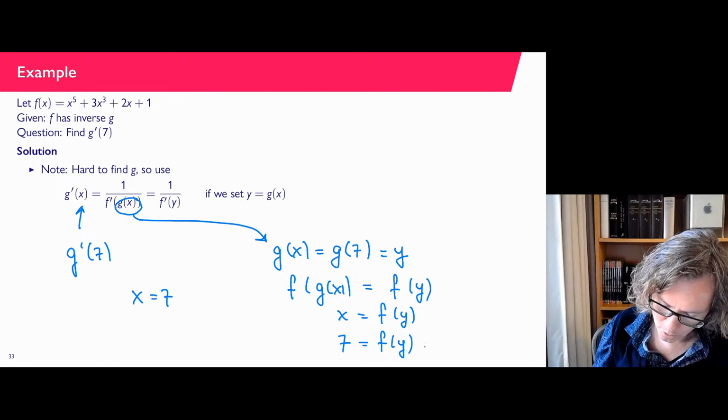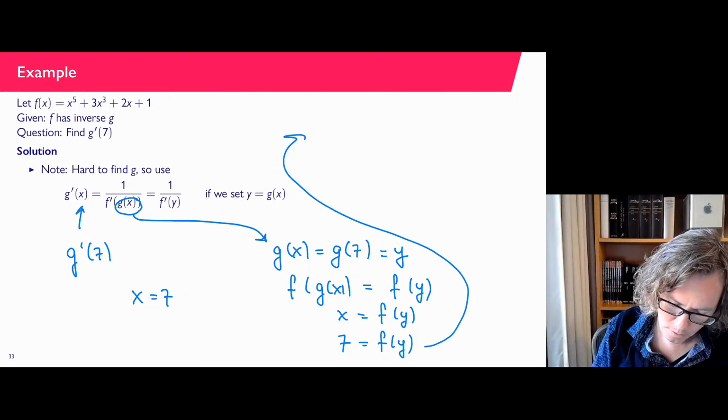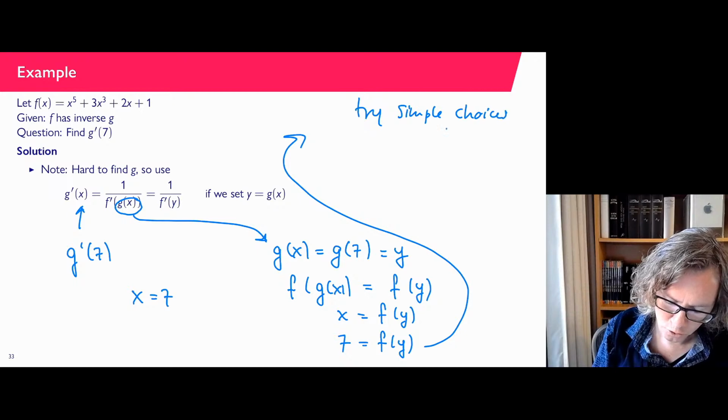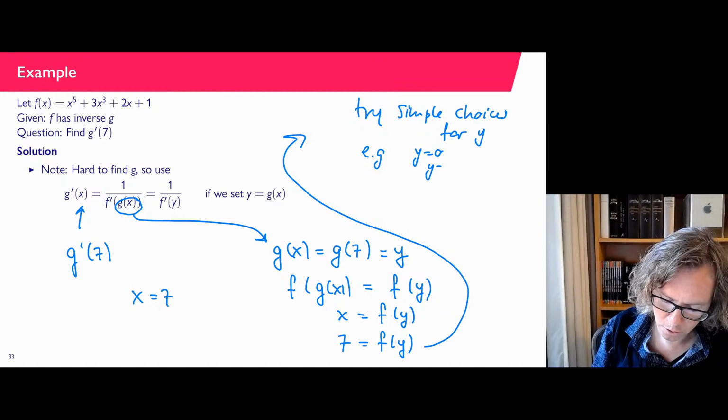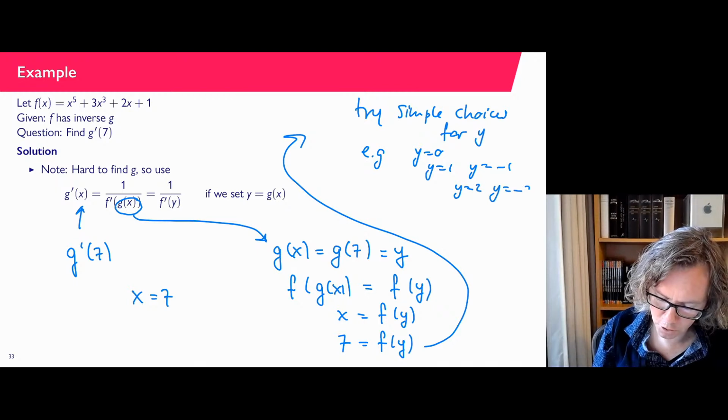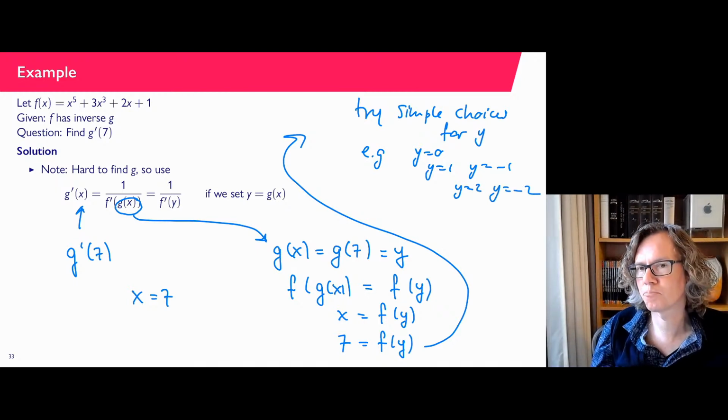So let me go up again. Try simple choices for y. For instance, y equals 0, y equals 1, y equals minus 1, y equals 2, y equals minus 2, and probably it's among those.